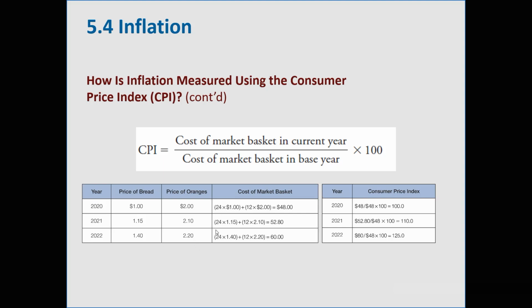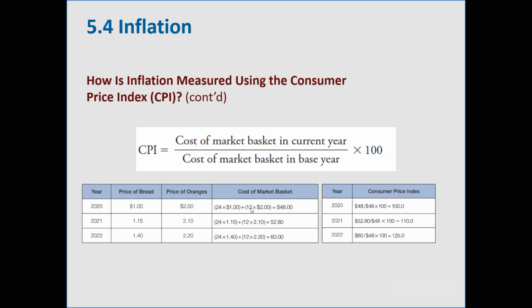So here, for example, this example is taking 2020 as your base year. Now, here we are assuming that this country produces two goods and services, bread and oranges. And here you have the prices. Bread costs $1 in this year, oranges cost that. And these are the quantities produced.